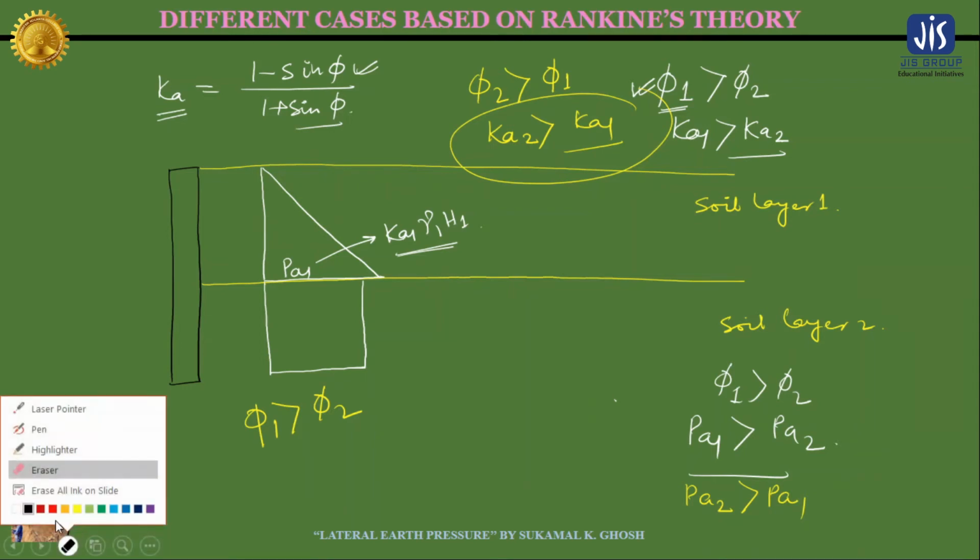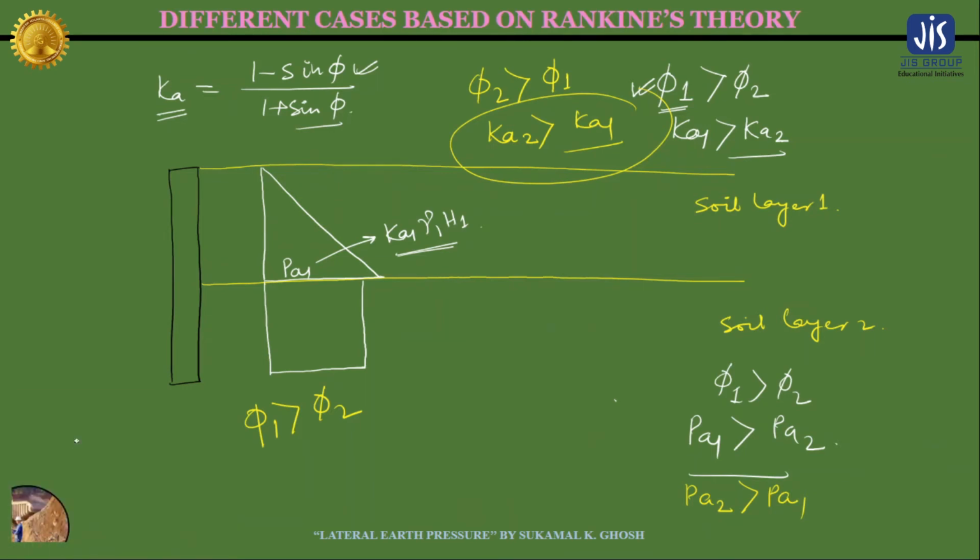The pressure distribution diagram for this case will be, see, this is the pressure distribution diagram for the first layer, that is Pa1, and if Pa2 is greater than Pa1, then it will be greater than Pa1.